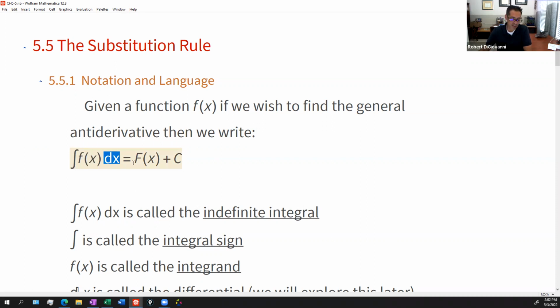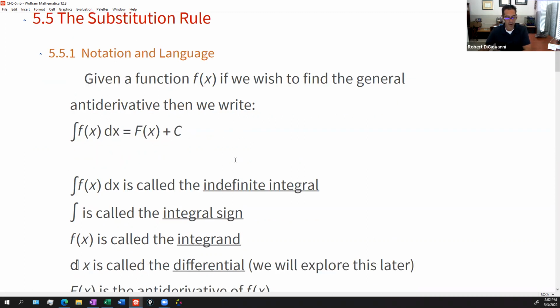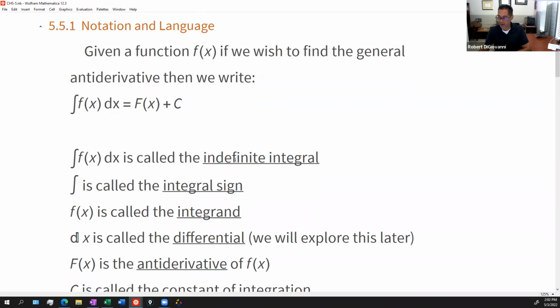And then, of course, the answer is the capital F, the antiderivative plus some constant. This whole thing together is called the indefinite integral. You could call it the antiderivative if you want, but it's also called the indefinite integral.